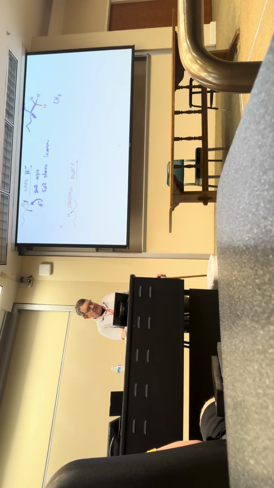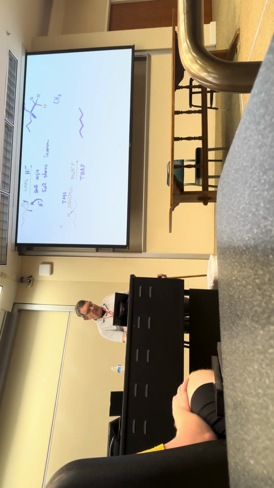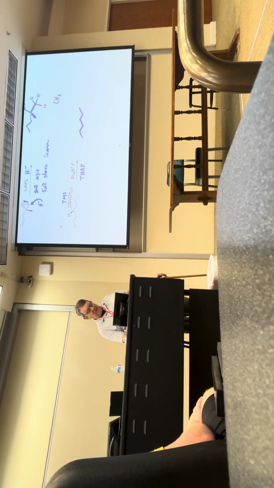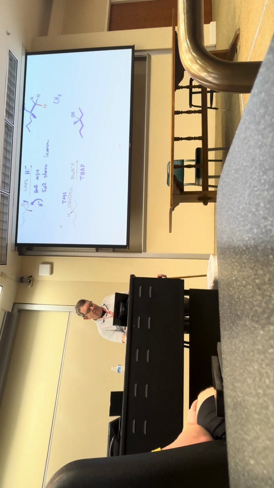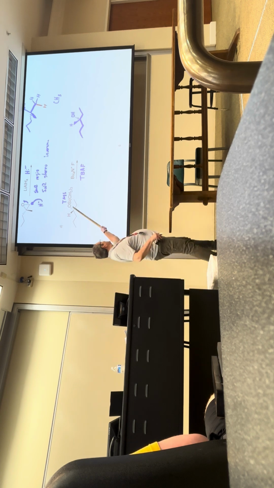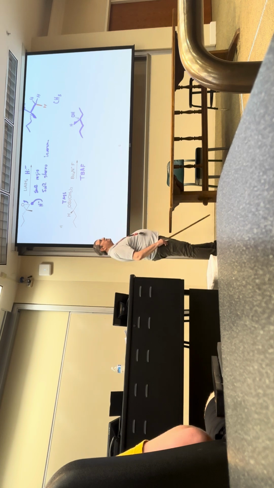All right, so this is a TMS ether, and this is your tetrabutylammonium fluoride. So this reaction is occurring out here on the silicon. So the oxygen-carbon bond is not touched. So that stereochemistry doesn't change. All this is doing is knocking the TMS group off of the oxygen, and you get the alcohol out of it.